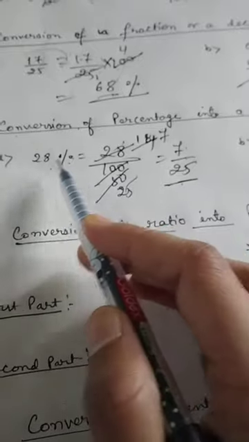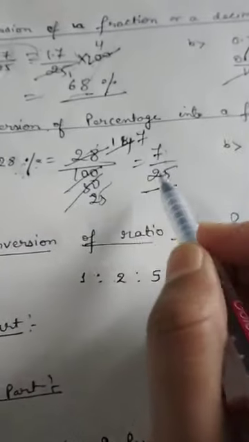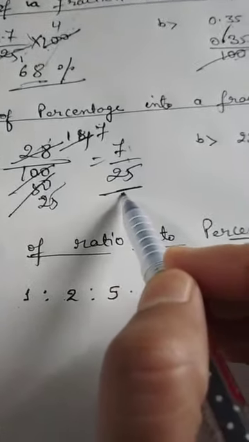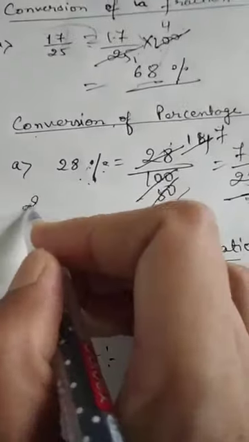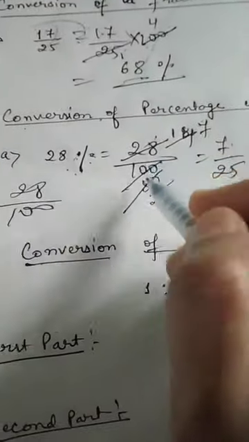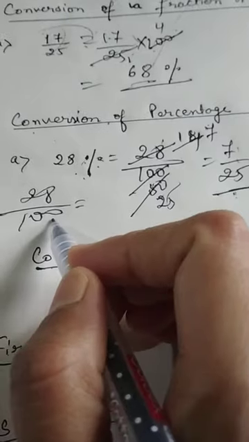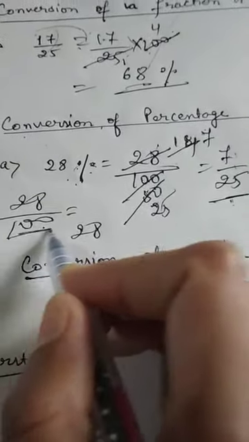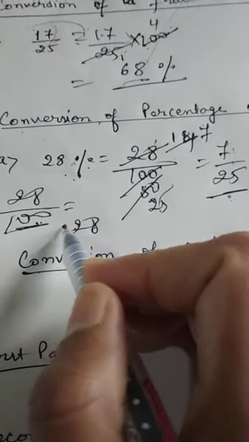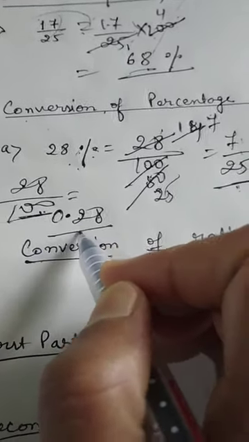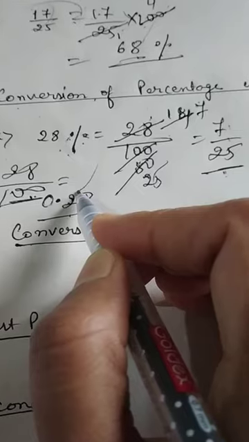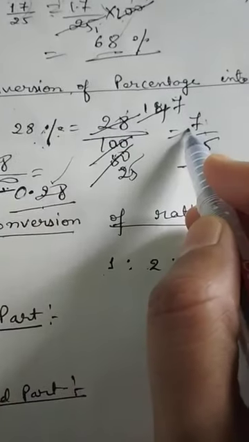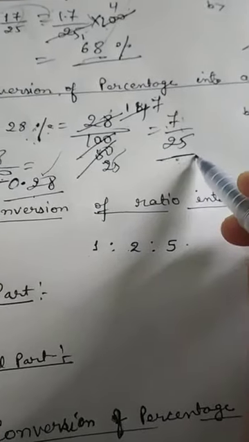And if you want to change this into decimal, then you can divide it and change this into decimal, or simply you can write it 28 by 100, we had written here, no? So 28 by 100, if you want to change into decimal, how we will change? There are 2 zeros down. So 1, 2, after 2 digits from the back side we can put decimal. This is the way you can convert into decimal, and this is the way you can convert into fractional form.